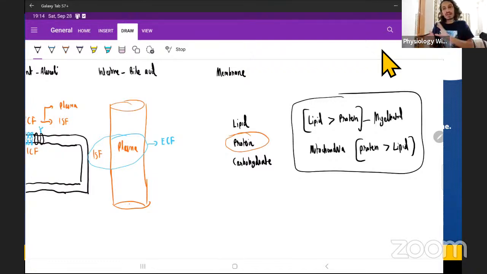On the other hand, mitochondria has more protein to lipid. Otherwise, most of the cells have around 50-50 percentage of lipid and protein, with protein slightly higher. Some textbooks give a reference value of, for example, 55%. But again, there is a lot of difference based on the type of cell that we're talking about over here.